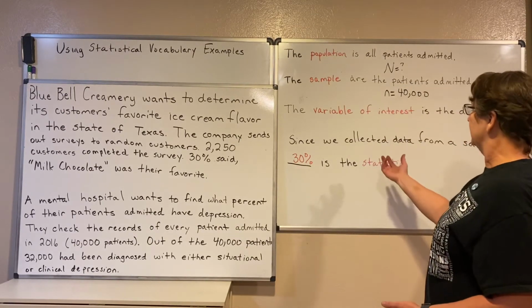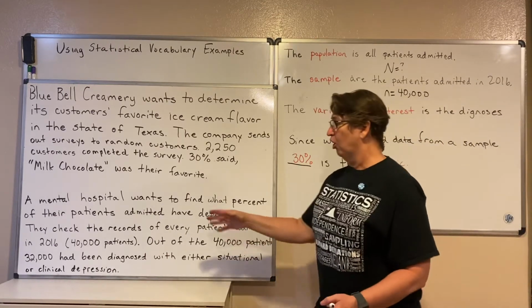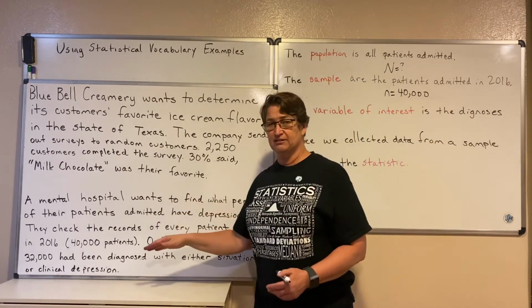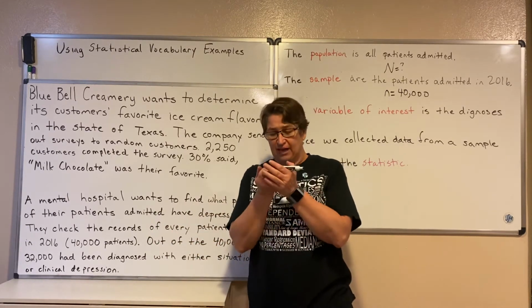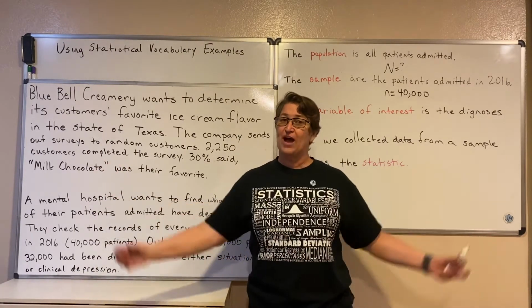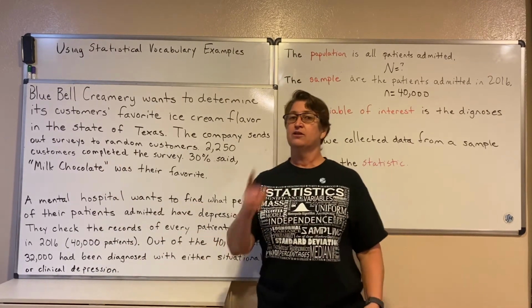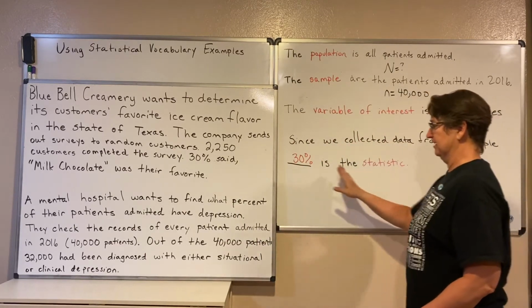Then, since they collected data from a sample, since it's not all of their patients, whatever number we collect and say is that one number that represents all 40,000 diagnoses, that one number that we give, we call that a statistic.